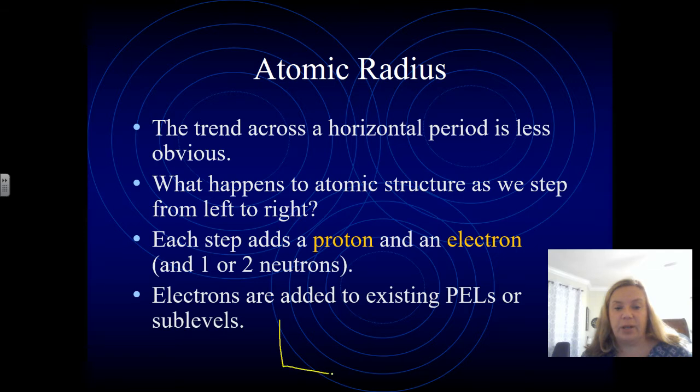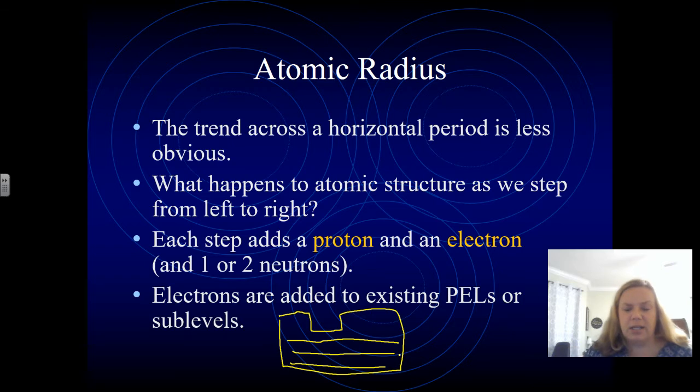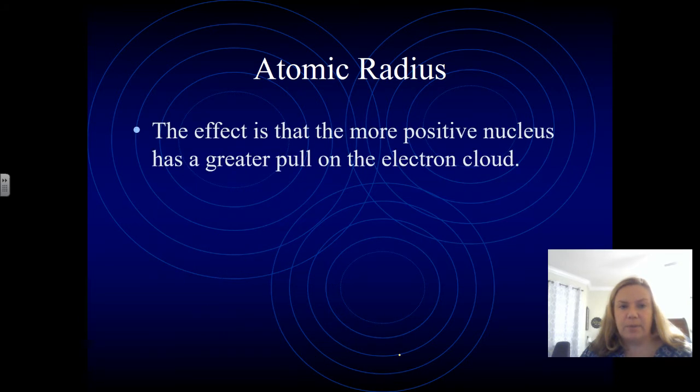So as we go across the periodic table, we're going to add more electrons and more neutrons and more protons and all that good stuff. So why on earth might we actually get smaller as we go across the periodic table?